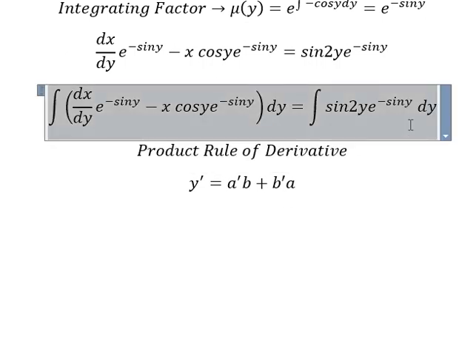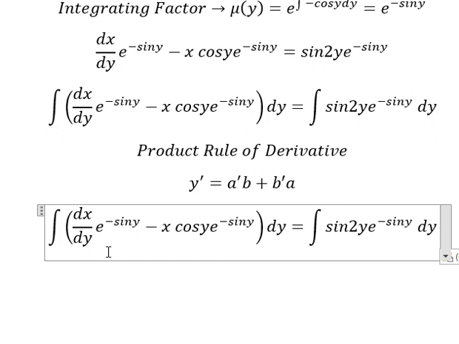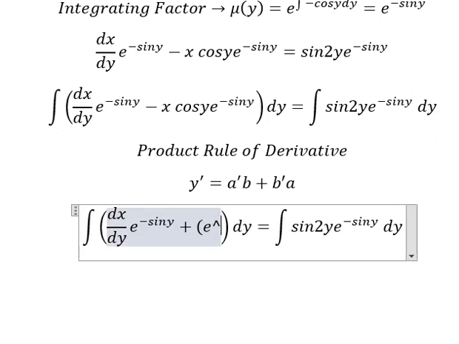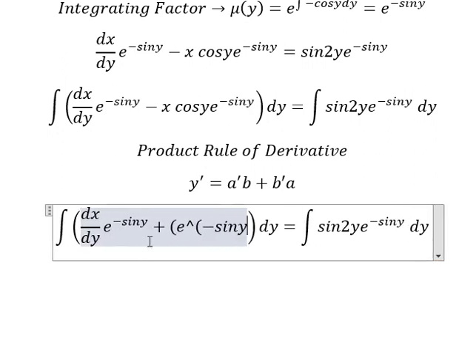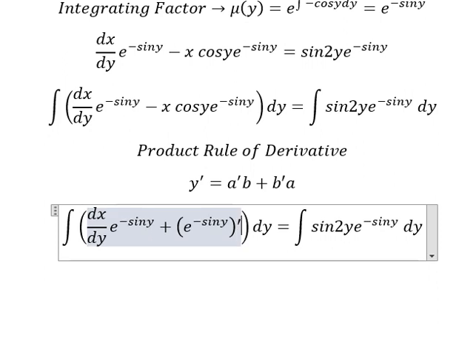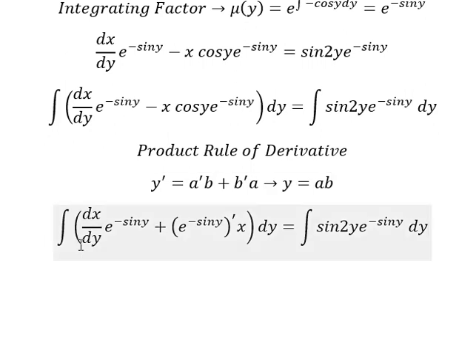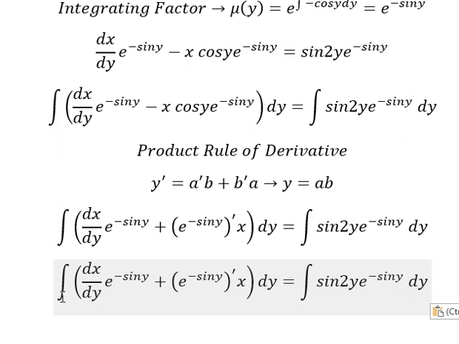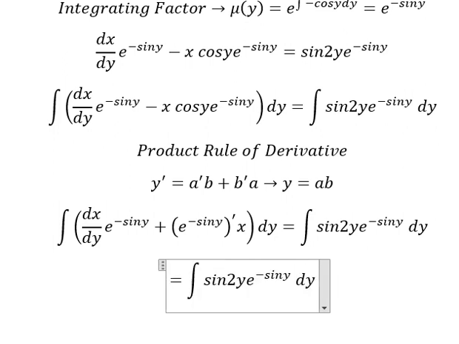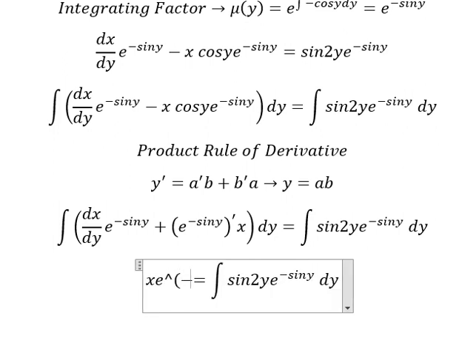So we have the first derivative of a multiplied by b, plus the first derivative of b multiplied by a. So the integration of this one, we have y equals a b. So the integration of that one is e to the power of negative sine y.